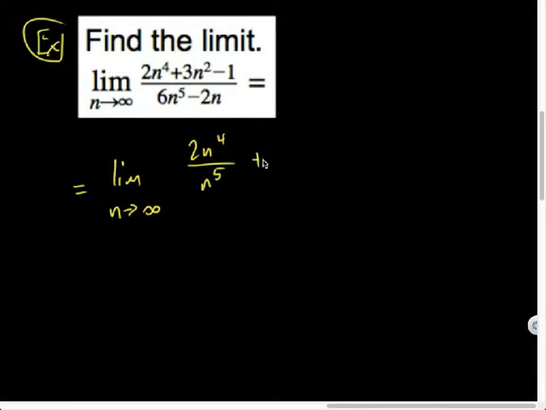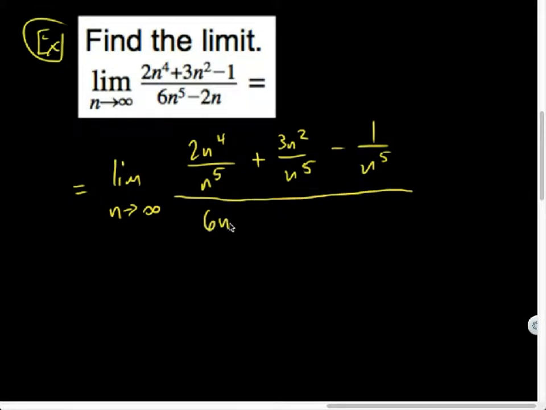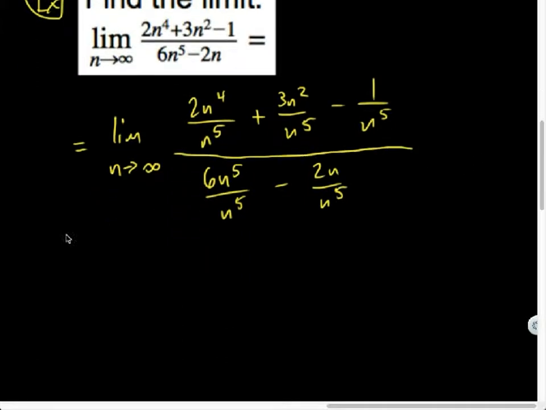So, 2n to the fourth divided by n to the fifth, plus 3n squared divided by n to the fifth, minus 1 divided by n to the fifth, all over 6n to the fifth divided by n to the fifth, minus 2n divided by n to the fifth. Lots of n to the fifths there, but this is going to simplify oh so nicely.